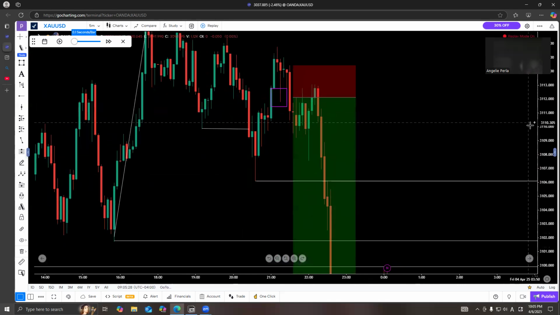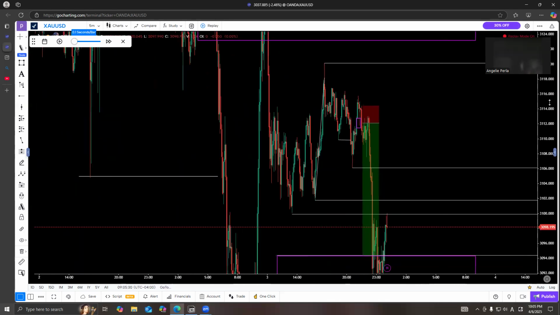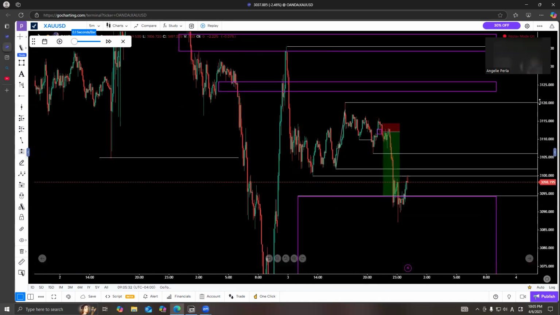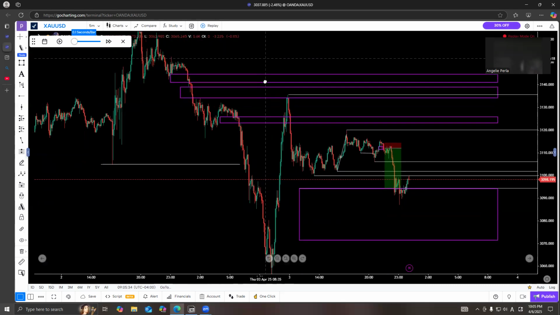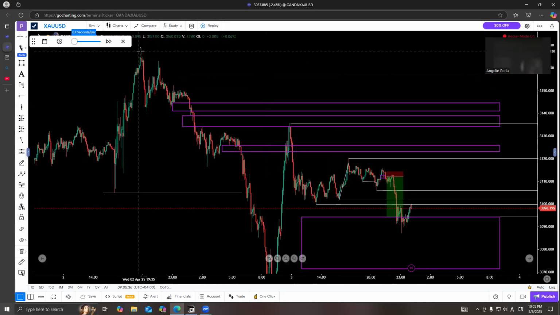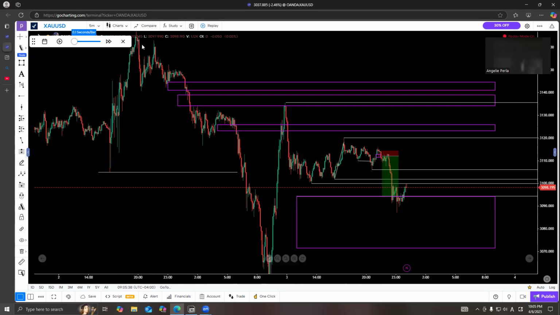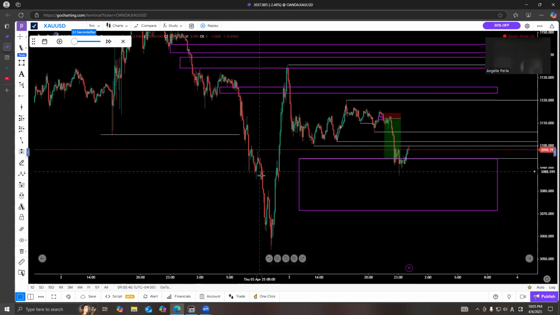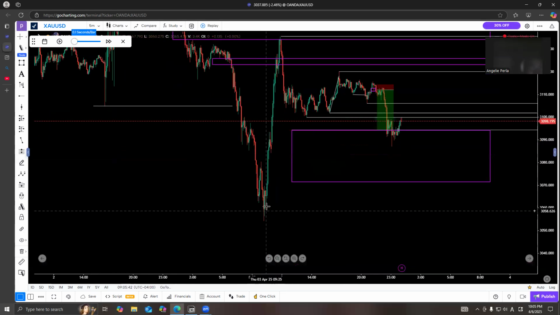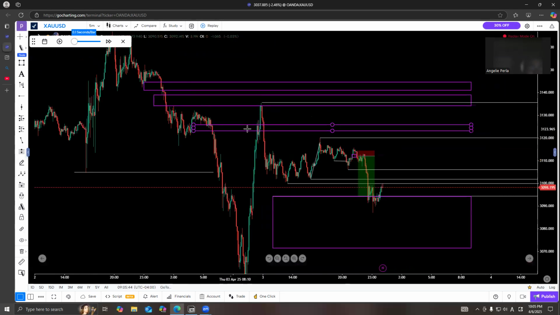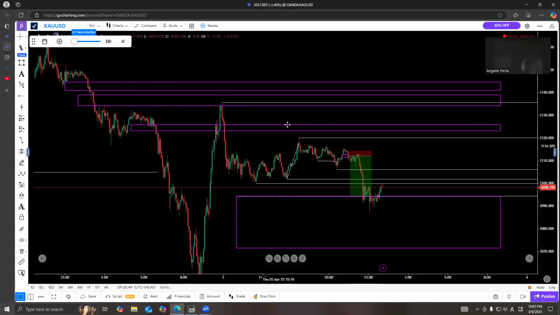All right. So, recap: we have a solid valid market structure from the downside. From this point right here, we are now retracing back to the inefficiencies and equilibrium of this valid market structure.